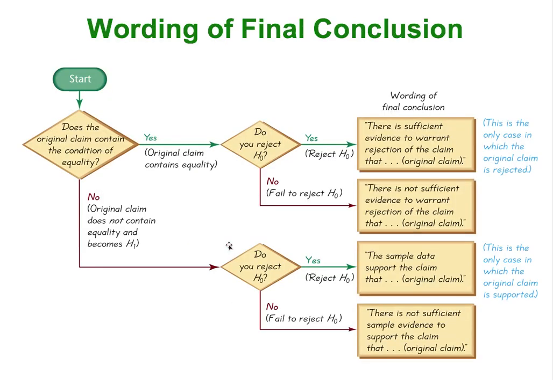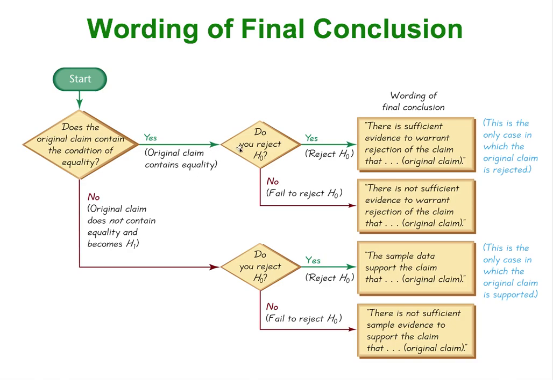To write our conclusion we go to the flowchart that we've used before for this purpose. Does the original claim contain the condition of equality? Yes, it does, because in a goodness of fit test, the claim is always that the new distribution will fit with the old.